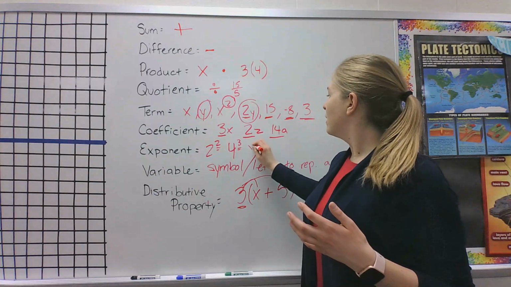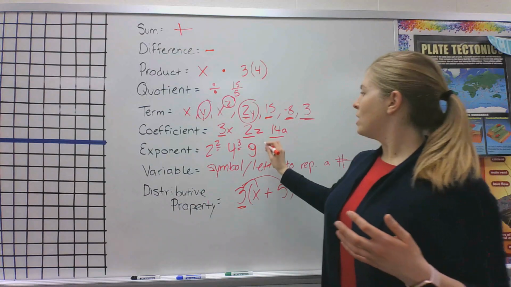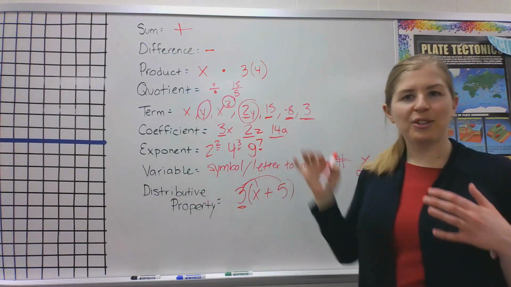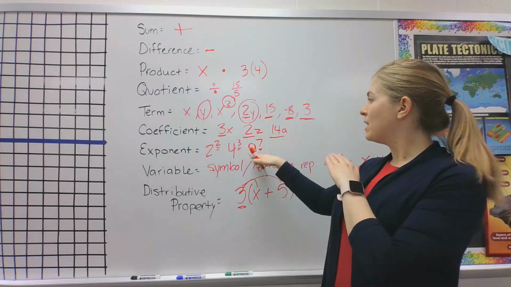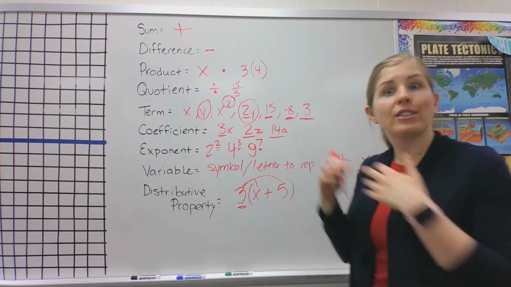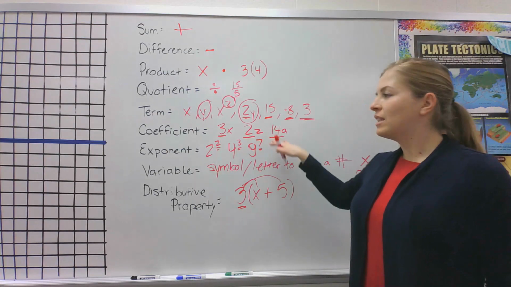If we have g, a goofy g to the 7th power, this is our exponent. It's that little number, and that tells us how many times we're multiplying the base. These individuals, 2, 4, and g, are bases. So I guess I should put base up here too. So our exponent is the little numbers.